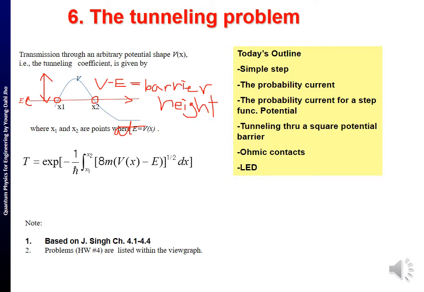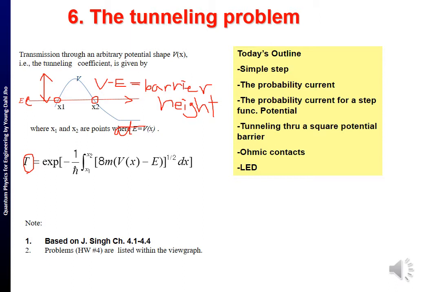And the solution is written by T. T is the tunneling coefficient or transmission coefficient, which was used for light transmission. Light is considered as waves, and here the electron is also considered as waves.